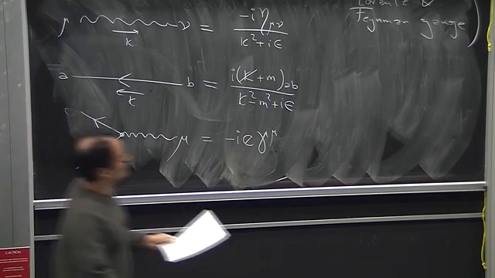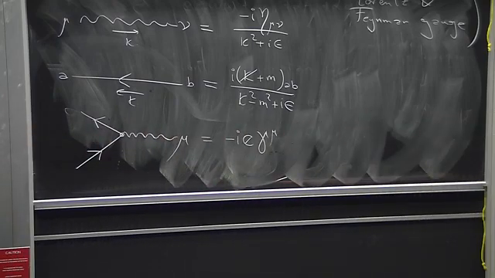Last but not least, we have the external particles. And here they are: an incoming electron, an outgoing electron, an incoming positron, an outgoing positron.